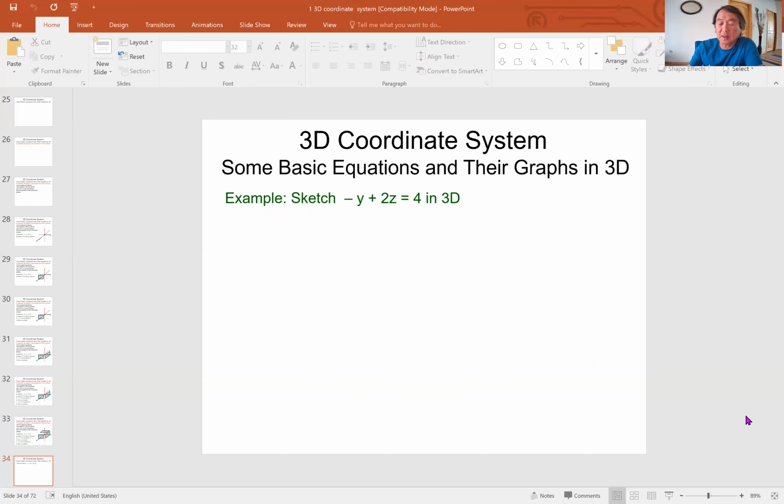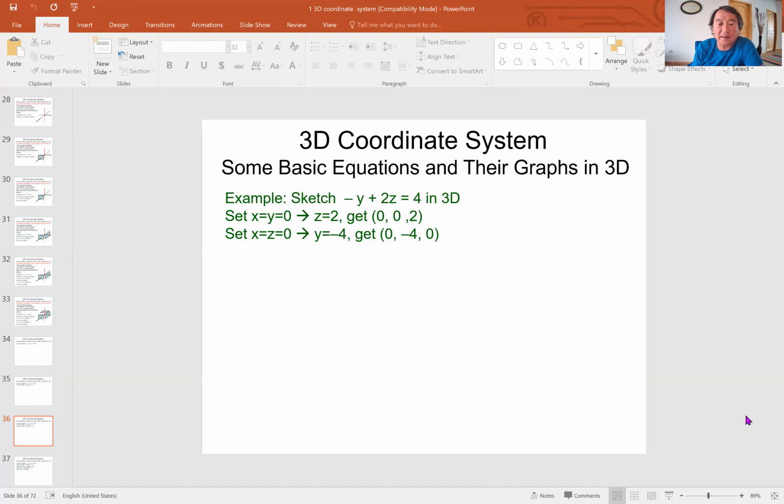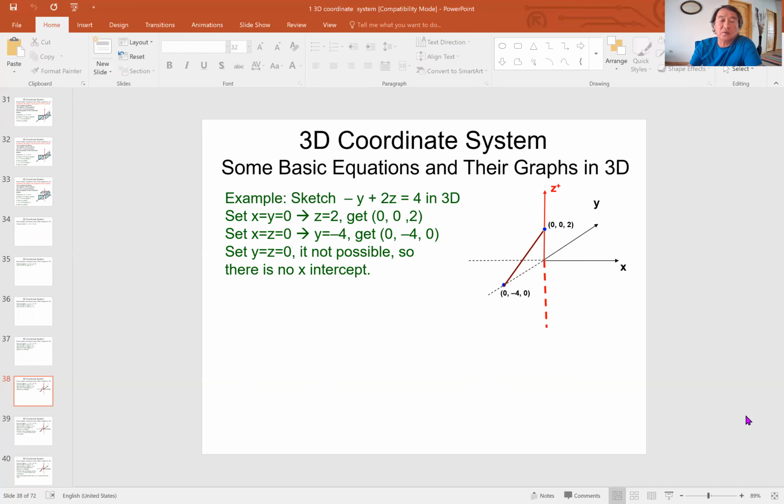We look at the yz plane and plot this formula in the yz plane, which is a line. How do we plot that? Very easy. You set y = 0 and get z, then you set z = 0 and get y. So you plot those 2 points, and those 2 points are in the 3-dimensional system.